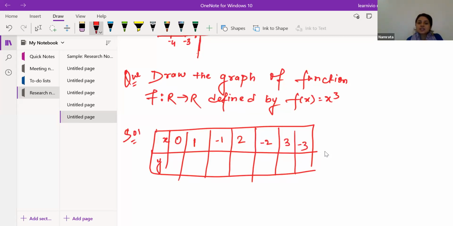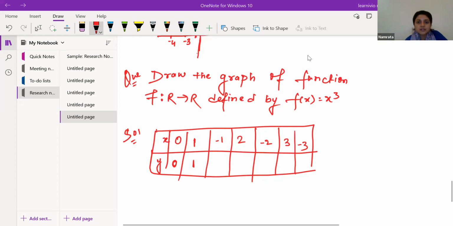When x is 0, y will be 0. 0 cube is 0 only. When x is 1, y will be 1 cube, that means 1. When x is -1, y will be? Anyone? What will be the y value? -1.